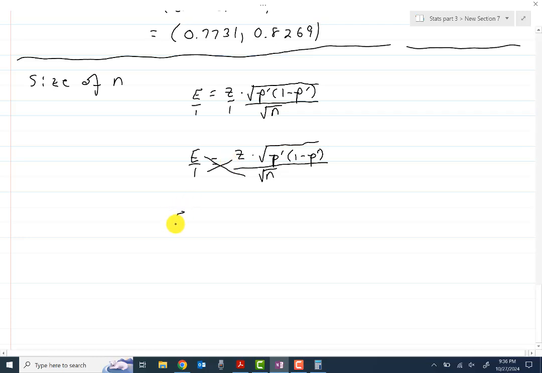So what we're going to have is e times the square root of n equals 1 times z times that square root. Now I'm going to divide both sides by e.